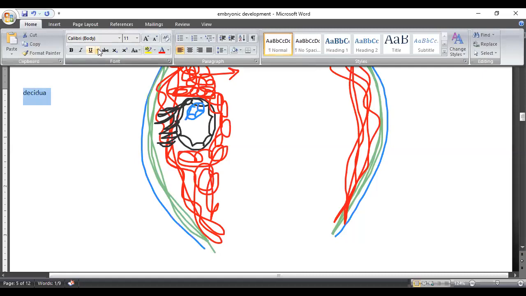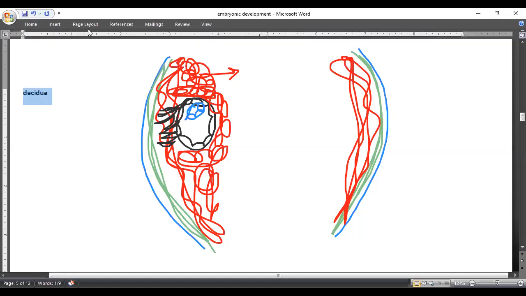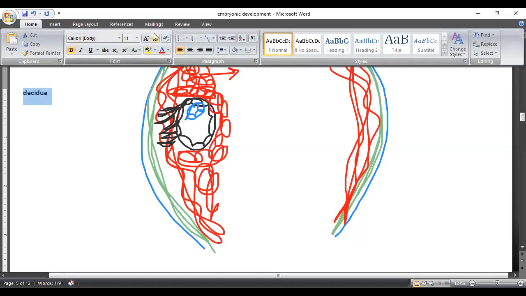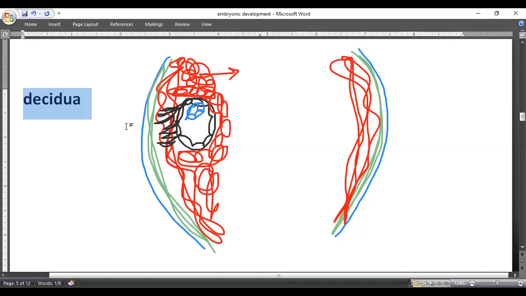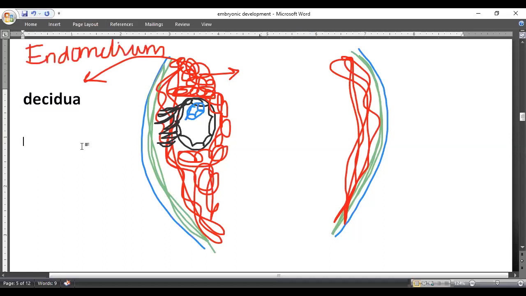So whom do we call decidua? The endometrium layer, the total red color, we say decidua. That means the endometrium layer after the implantation is considered as decidua.